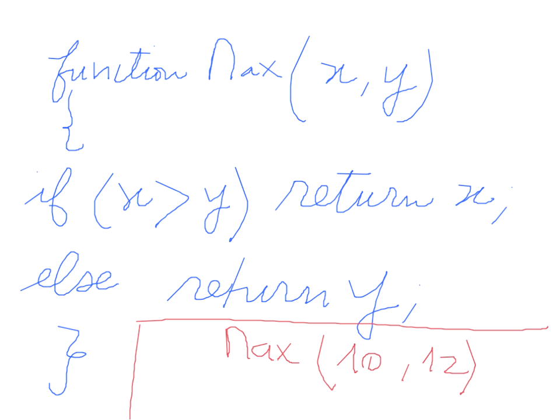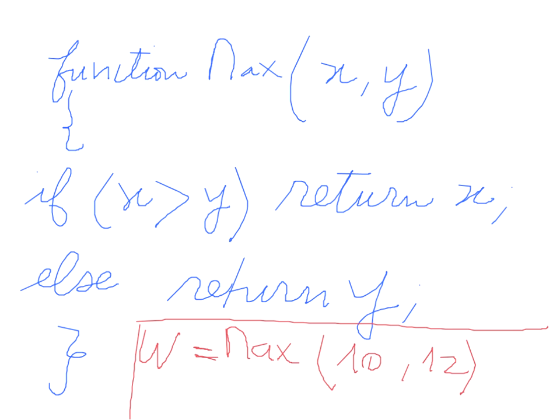So max(10, 12) returns what? 12. So I can assign this value to another variable w. When I write w = max(10, 12), the value of w will be 12. So the function max returns 12.